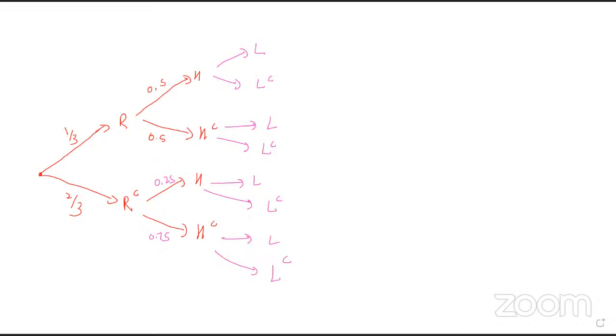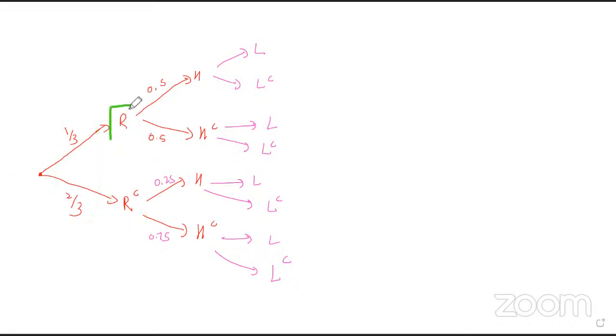And here also the sum will be 1. At every branch, the sum should be 1, because it is your complete sample space. You have partitioned your sample space into two parts, rain and not rain, so it's adding up to 1.